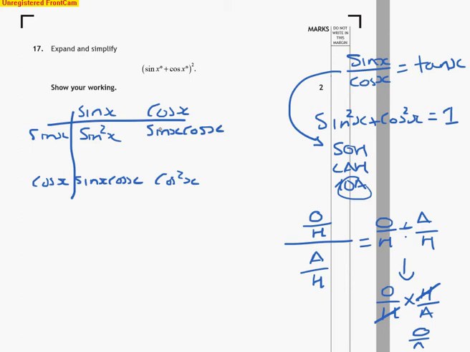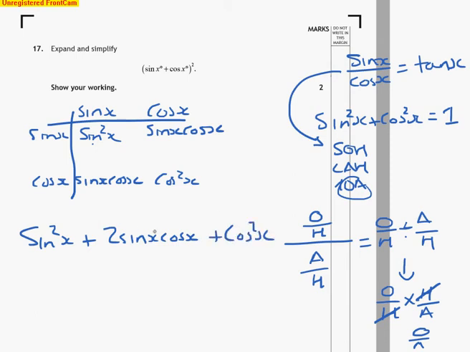Okay, so let's rewrite that. Now, usually, if this was a standard like x plus 5, I would add these two, and then write this. So I'm going to do that here as well. Okay, so sine squared x plus 2 sine x cos x plus cos squared x.